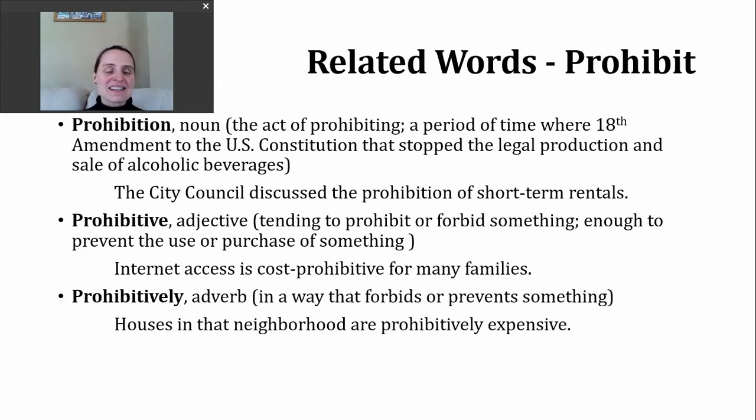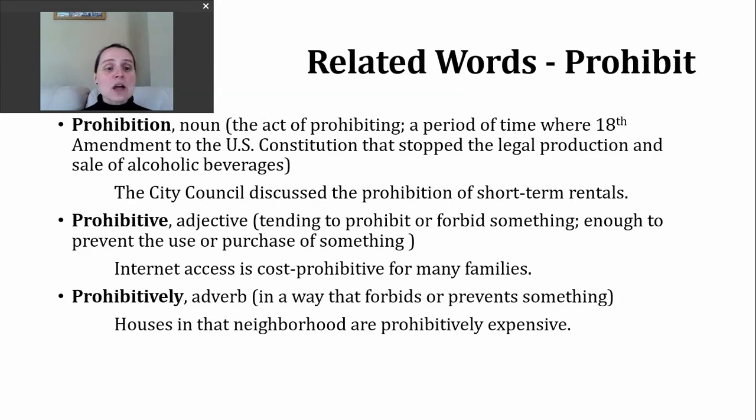And really, all that means is another way to say something is too expensive, that other people are not going to be able to afford or buy that particular thing. So something I've seen and heard in news in the last month here is that internet access is cost prohibitive for many families. It means it's too expensive for many families to buy for their homes or apartments.